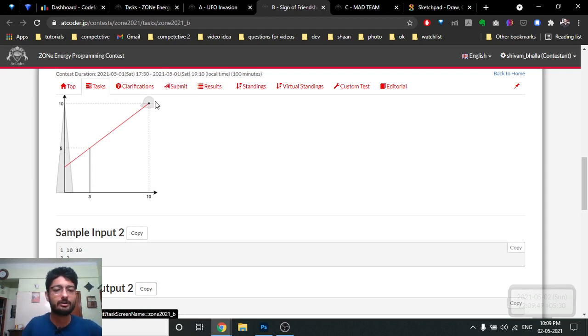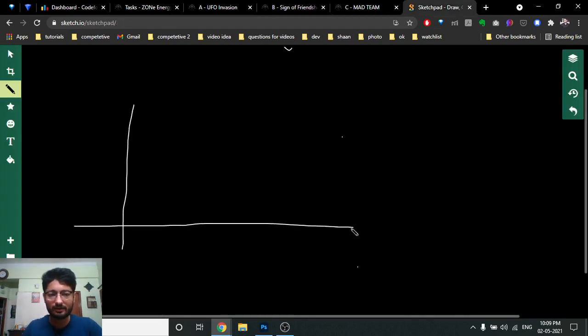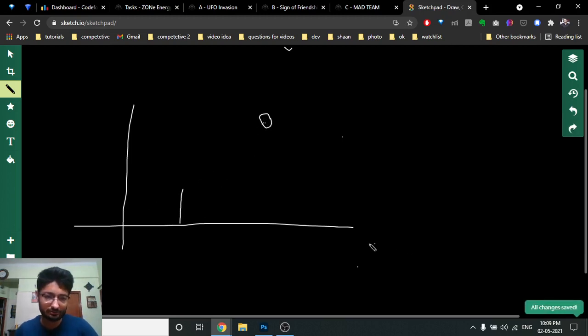I hope you get the point, because there is a straight line joining this. If there are multiple walls, let's assume that this is the tower. The tower is very large, but the UFO is here, and one height is there. If you just draw a straight line joining this, let me draw it out.